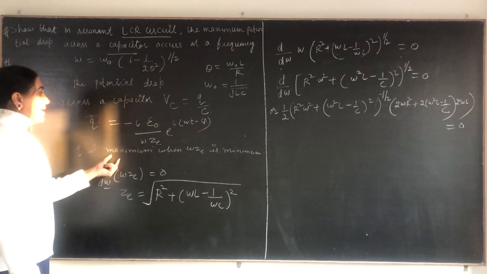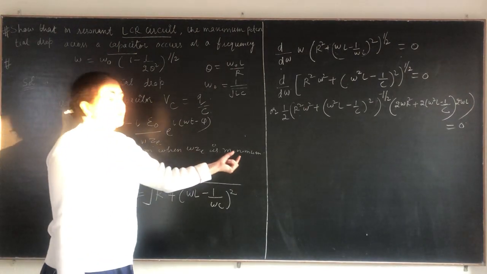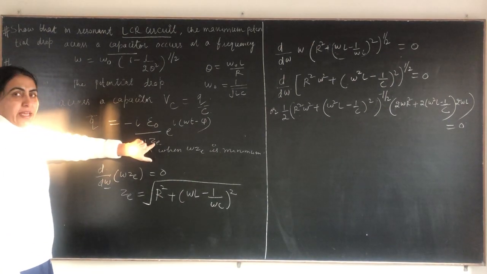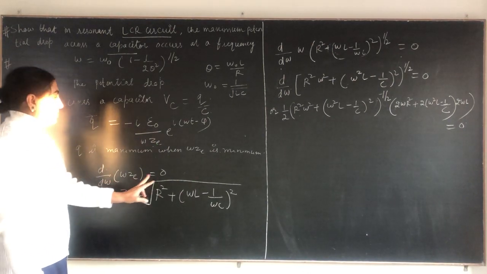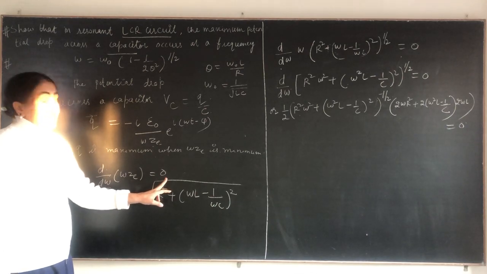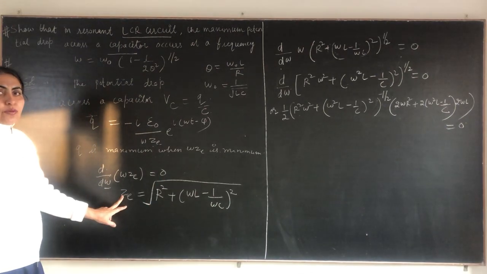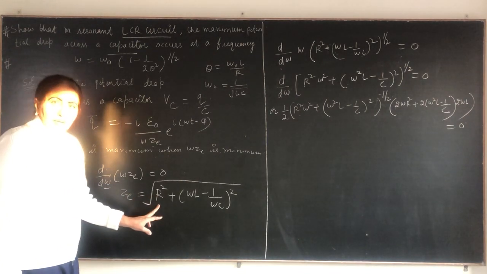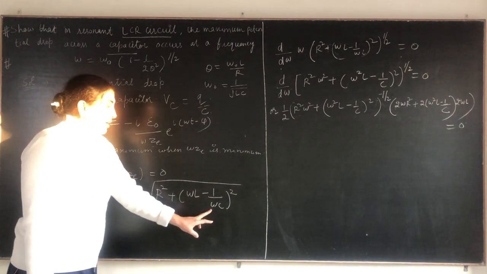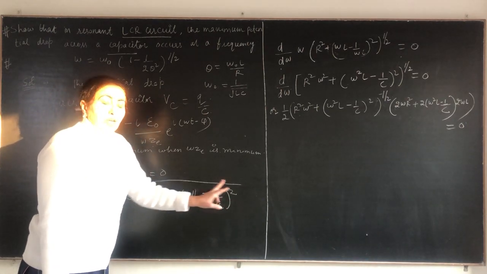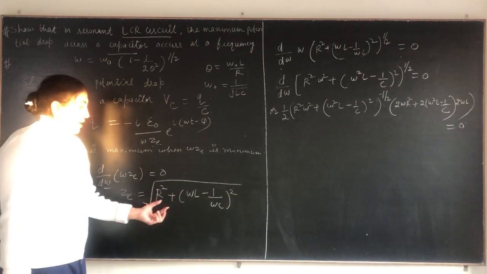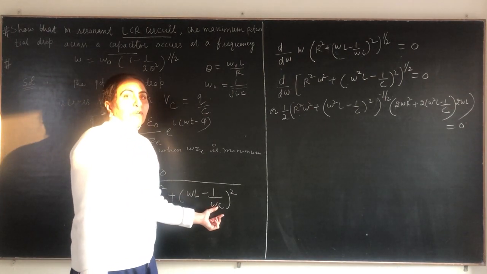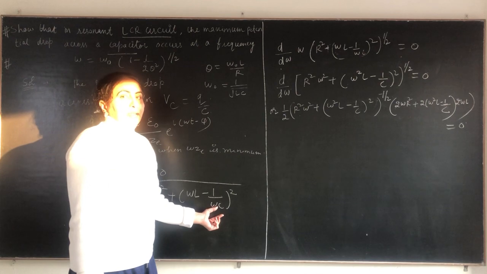So q is maximum when omega Zd is minimum, and for this the derivative of omega Zd with respect to omega will be 0, where Zd is the electrical impedance, equal to the square root of R square plus (omega L minus 1 over omega C) square. Here R is the resistance, omega L is the inductive reactance, and 1 over omega C is the capacitive reactance.